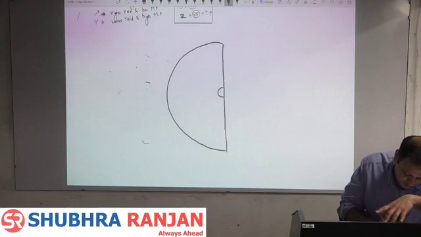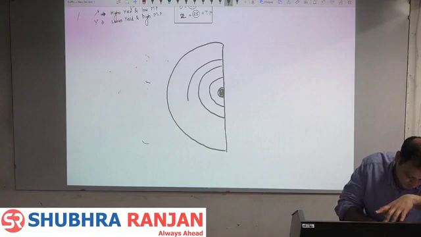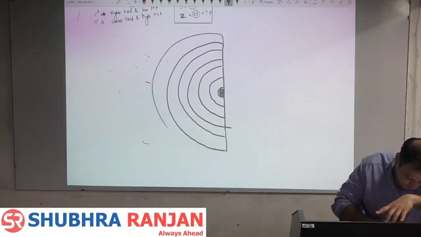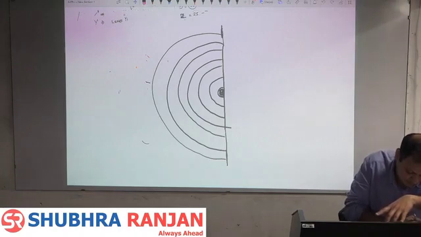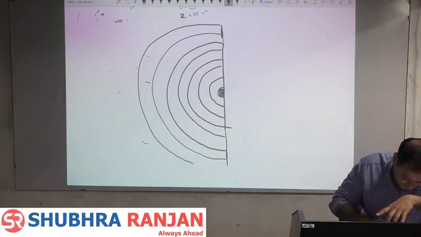Center of the semicircle market. उसके बाद zone 1, zone 2, zone 3, zone 4, zone 5, and zone 6. Diagram has to be very, very neat and tidy.